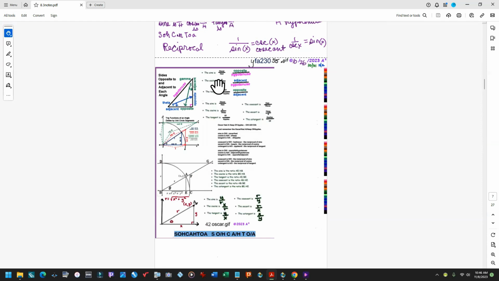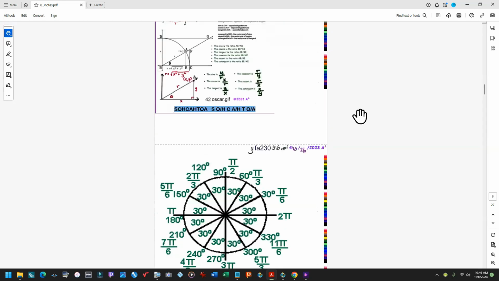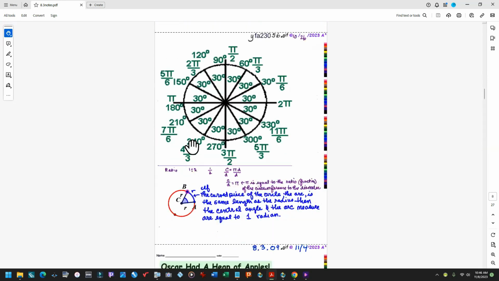We were using what I called Oscar had a heap of apples. There were other ways to approach defining trig functions, but I chose that one. Your book, I think, uses this one first. But you get to the same place.